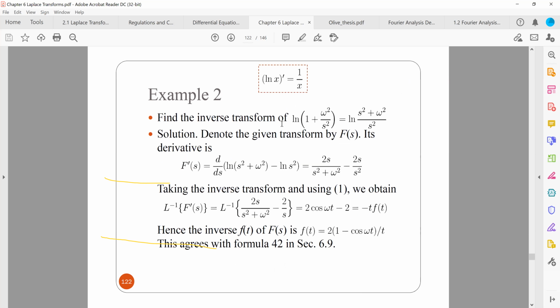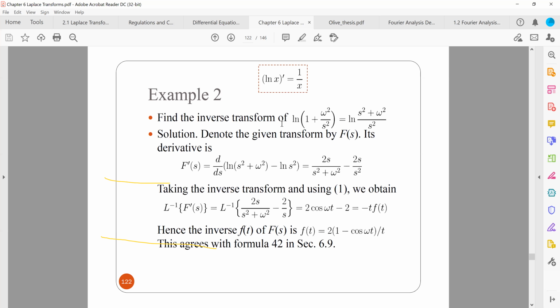So ideally, we have this ln as an integral from 0 up to infinity.